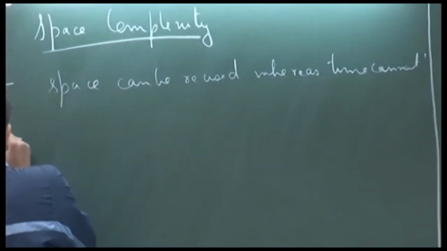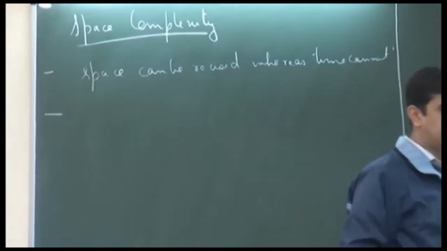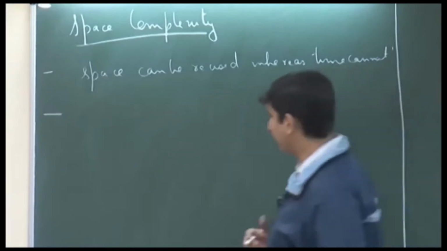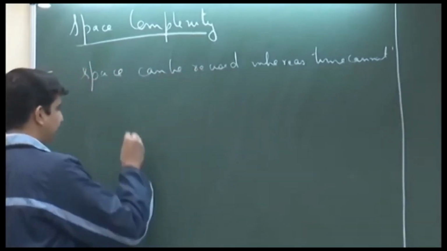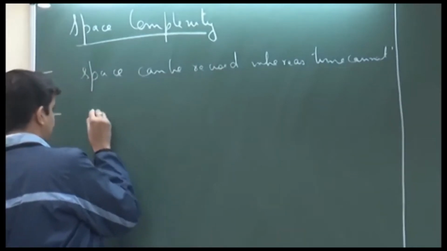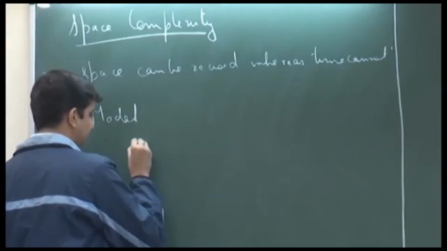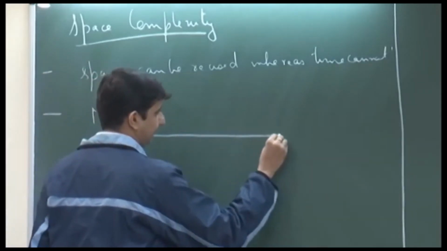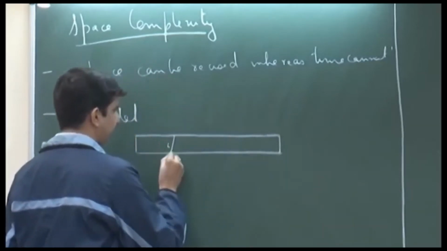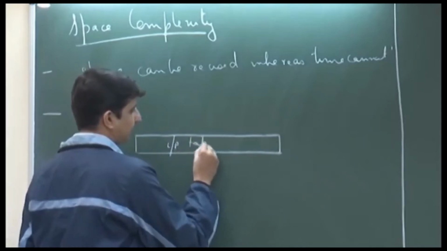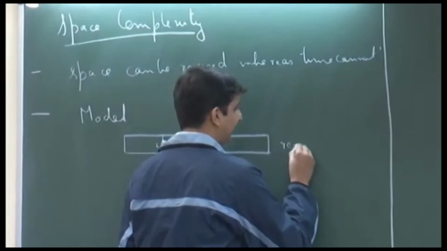So, what is our model? Our model of computation would be Turing machines, and in particular we will look at the following types of Turing machines. Our Turing machine would have an input tape, and as always we would assume that the input tape is read only.